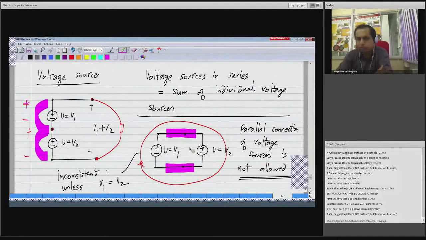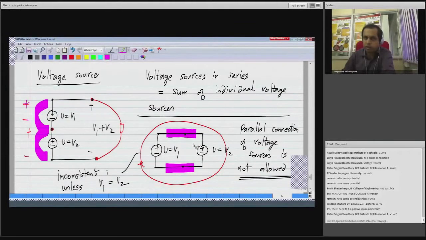Many of you also know that a real battery is modeled not by just a voltage source, but a voltage source in series with a resistance. So you really cannot have these ideal independent voltage sources. This is a useful concept in circuit analysis and a useful approximation in many cases. Another way to think about it is that you have a net voltage of V1 minus V2 across wires which have zero resistance.